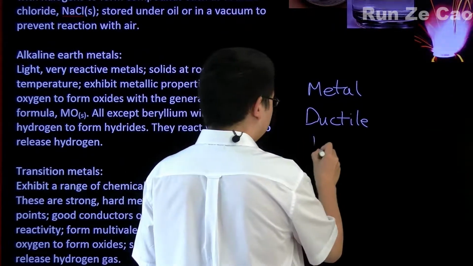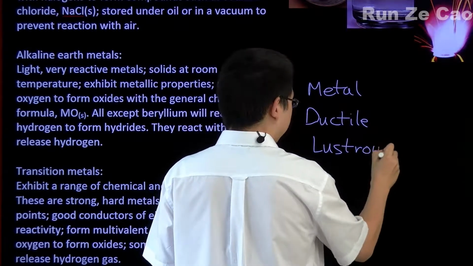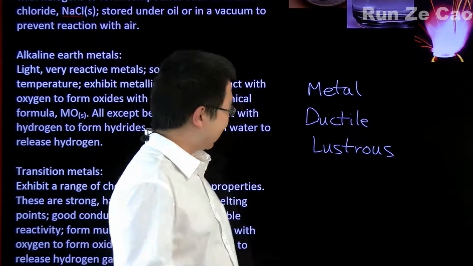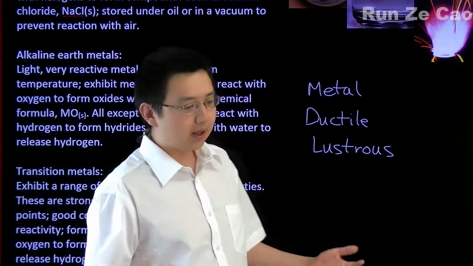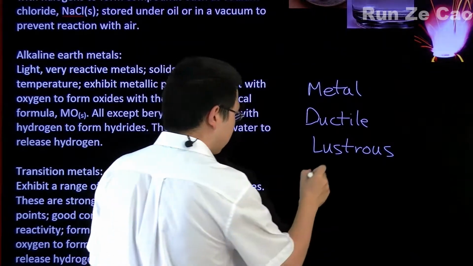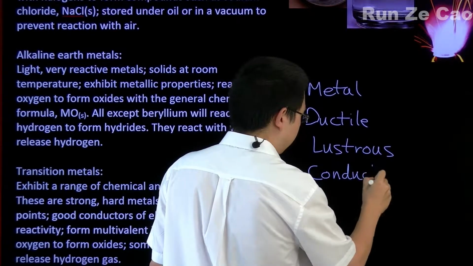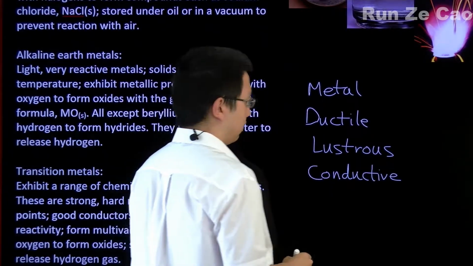So the opposite of being ductile is to be brittle. Now this is usually lustrous, which can be summarized by the word shiny. And what else? What else do you know about metals? Well, they are conductive of both heat and electricity.